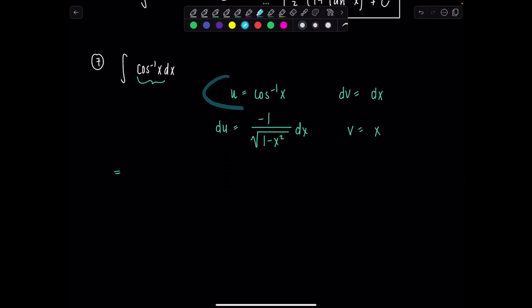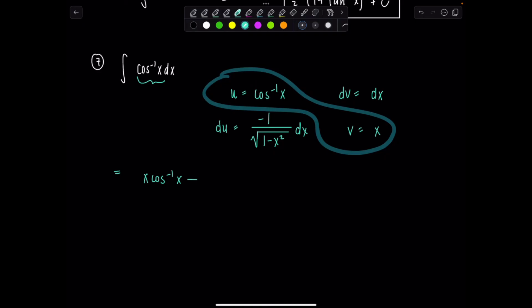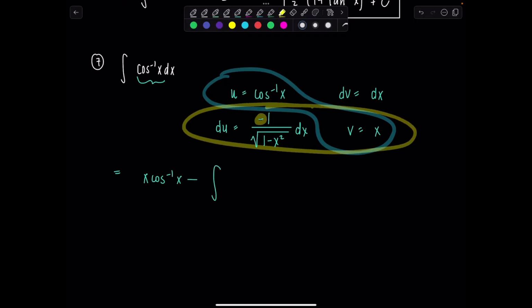We have u times v, which will be x cosine inverse of x minus integral v du, which has another minus. So I'm already going to switch this to plus x over rad 1 minus x squared dx.